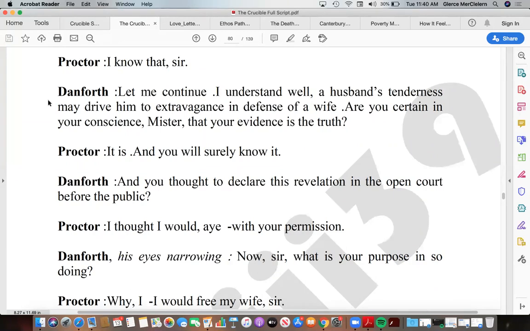I understand well a husband's tenderness may drive him to extravagance in defense of a wife. Are you certain in your conscience, Mr. Proctor, that your evidence is the truth? It is, and you will surely know it. And you thought to declare this revelation in open court before the public?